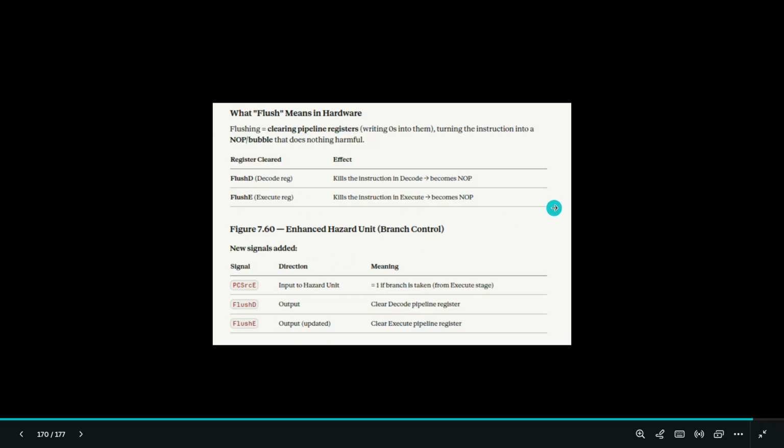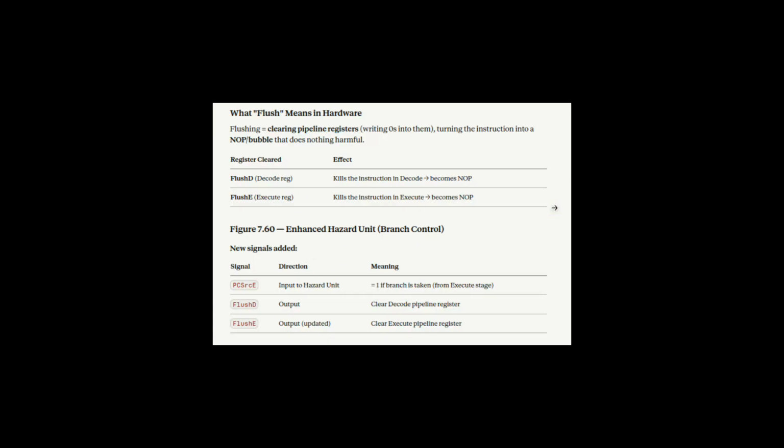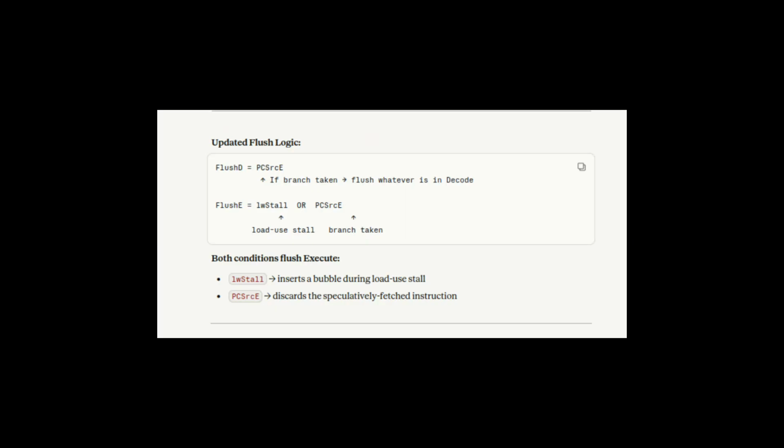This much we have understood. PCSrc decides whether we have to flush or go with the normal flow, because only if there is a branch do we have to deal with these things. If the PCSrcE value is 1, that means a branch is there, so flush D: flush whatever is in the decoding stage.